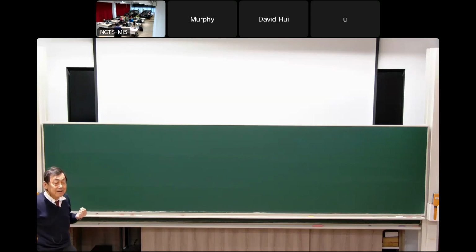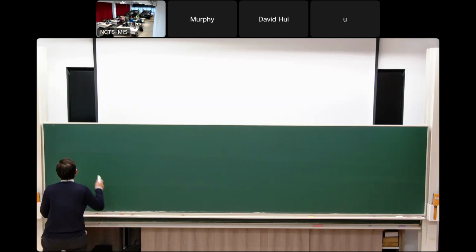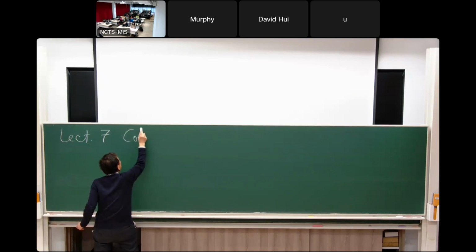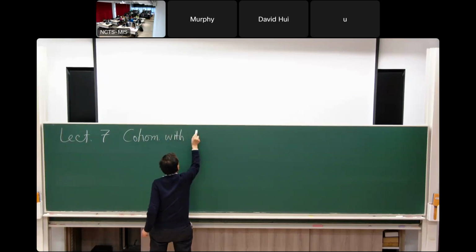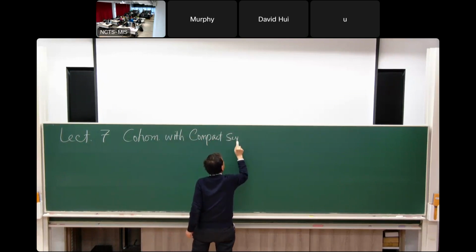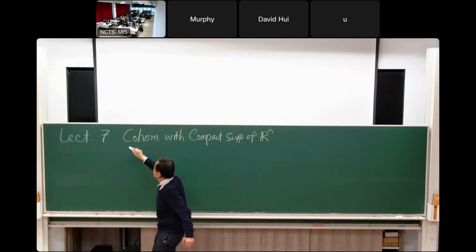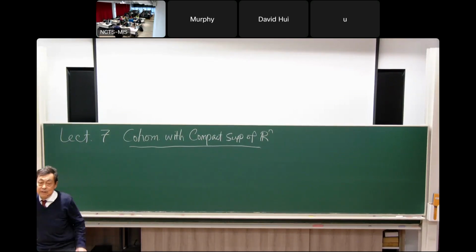So today, I want to calculate the cohomology with compact support of Rn. Okay? So, lecture 7. Now, cohomology with compact support does not satisfy the homotopy axiom.